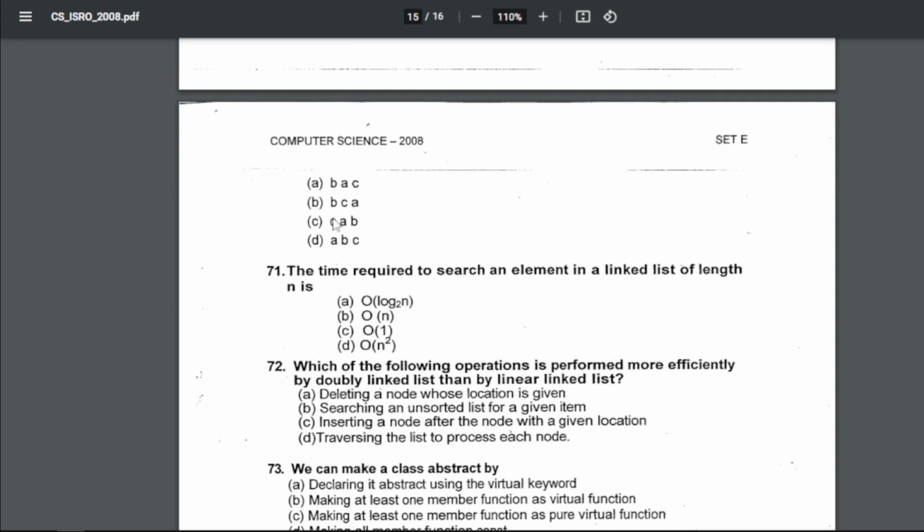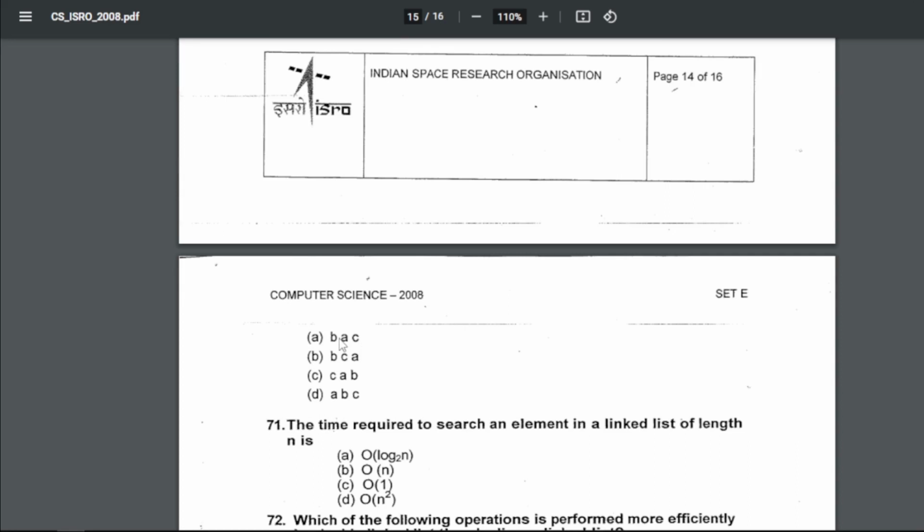Right, so let's see one by one. Option A is telling what we will do is push A, push B, pop B, right, then push C, pop C, and pop A. This is valid.